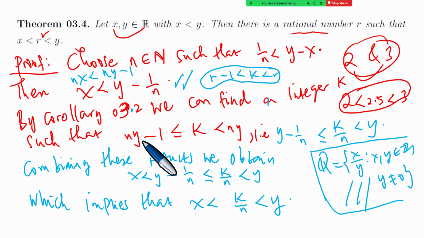At this point, we agree that x is less than y minus 1 over n. So indeed, this is how we started. Yet, if you divide through by n, you are able to get y minus 1 over n is less than or equal to k over n, which is less than y.